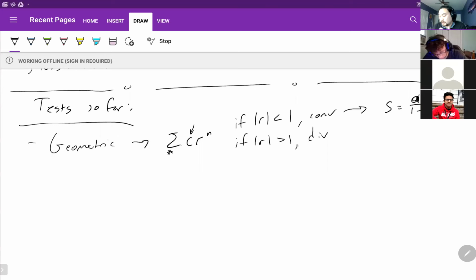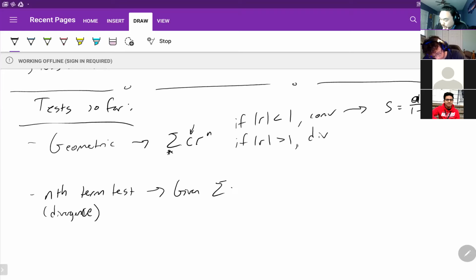Given this series, if the limit of a sub n as n goes to infinity does not equal 0, then you know that this series diverges.